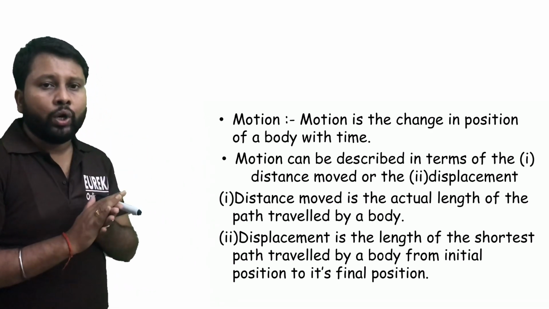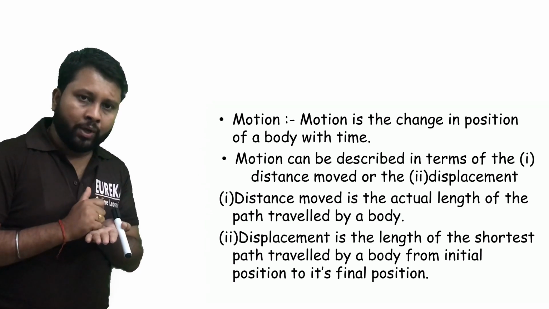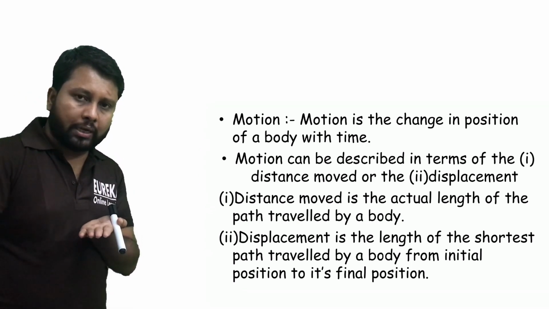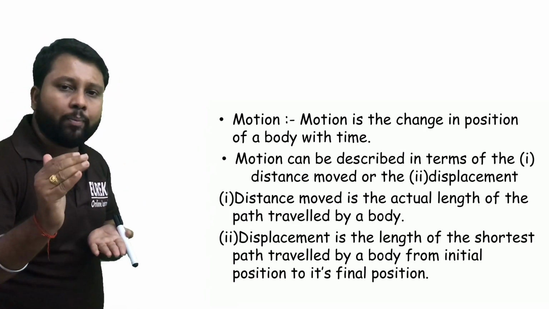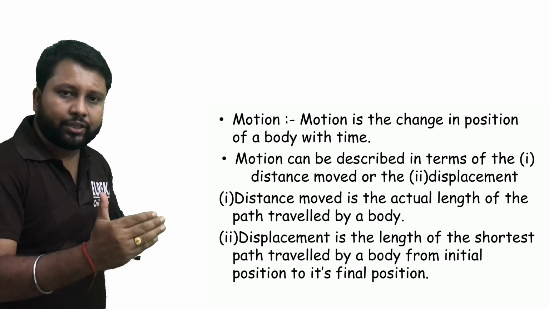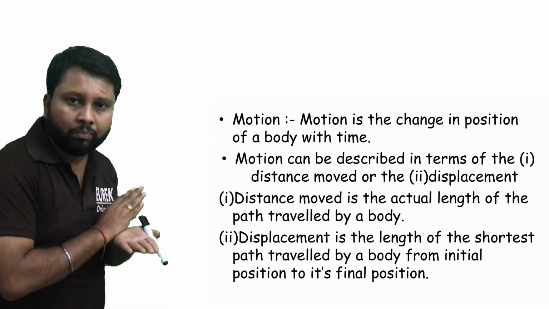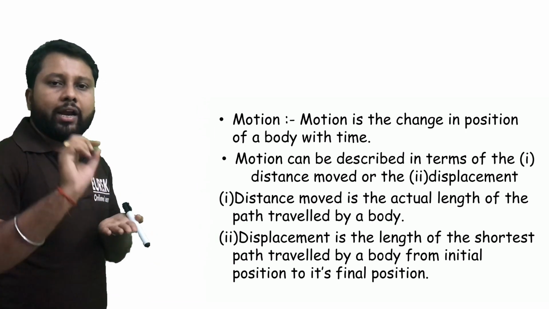Take an example: your school is 5 kilometers from your home. You start your journey from home, reach the school, and come back to your home. The total distance you have covered is 10 kilometers. How? 5 kilometers to your school and 5 kilometers back from school to your home. But if we calculate the displacement, it will be 0.